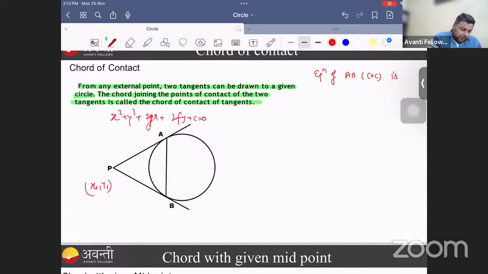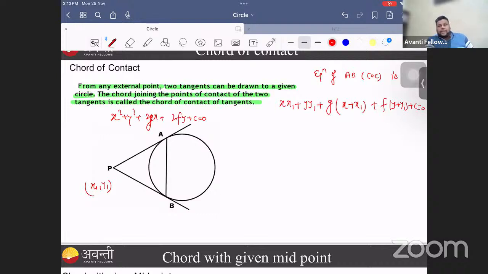So the equation of chord of contact is xx1 plus yy1 plus g times (x plus x1) plus f times (y plus y1) plus c equals to 0. Am I clear?